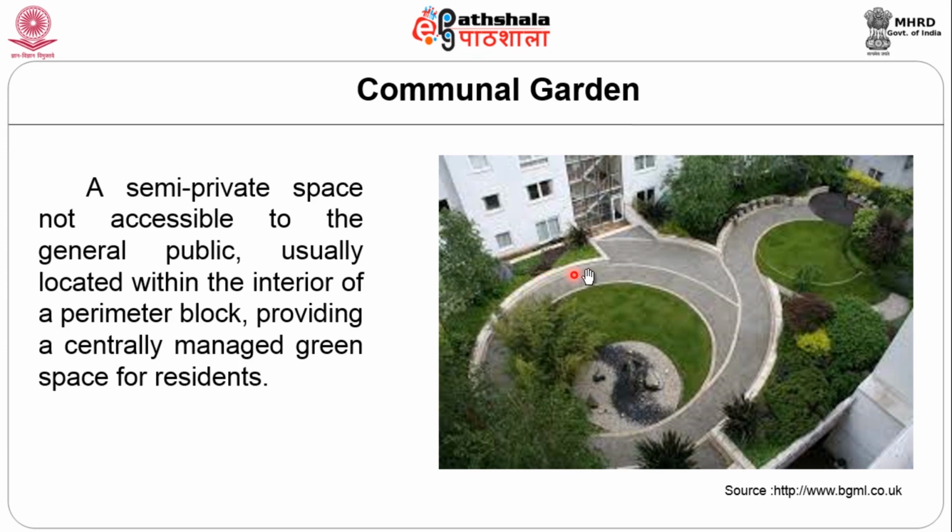We can find these spaces very commonly in any neighborhood areas or township developments. Among five or six blocks we can find these kinds of communal gardens meant for the particular community in that area.